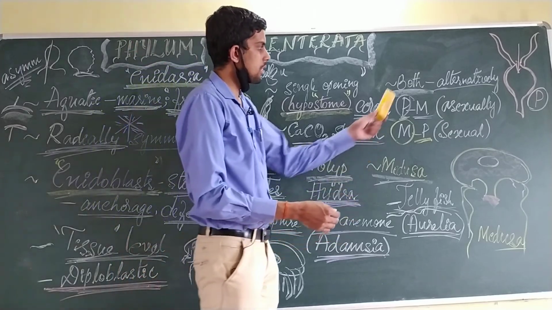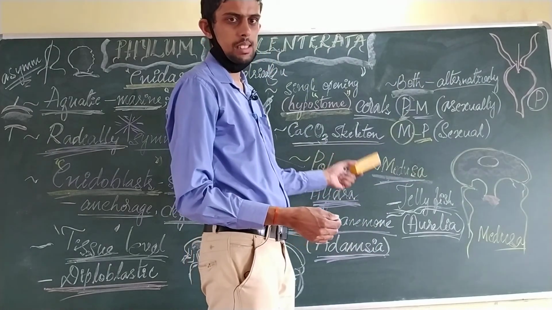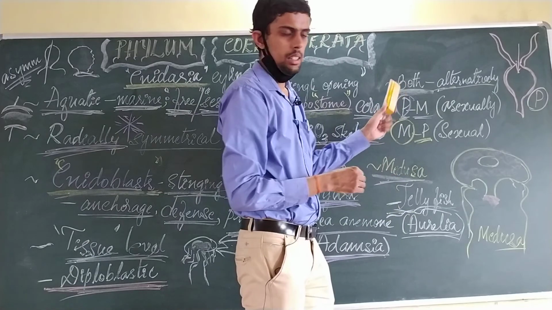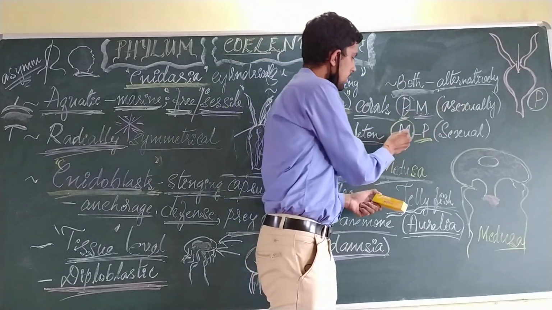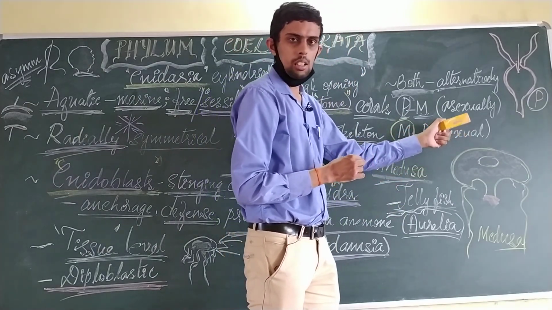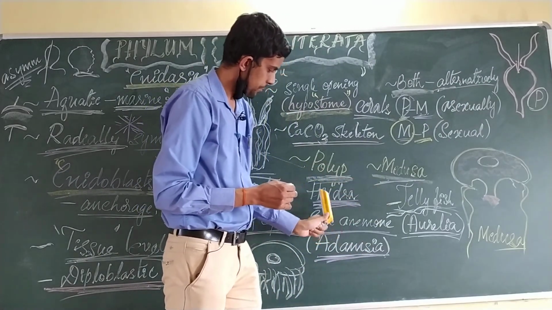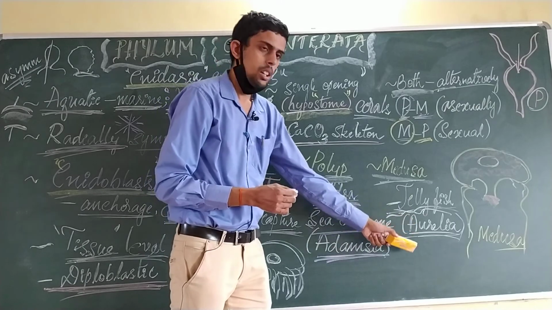And if polyp and medusa are present in the same organism, there is the alternation of generation, wherein the polyp gives rise to medusa through asexual means, and the medusa gives rise to polyp through sexual means. Got it?